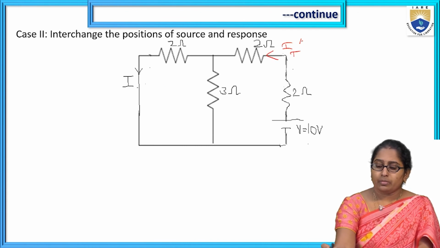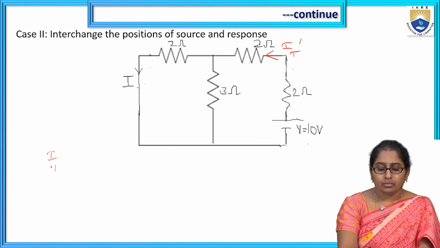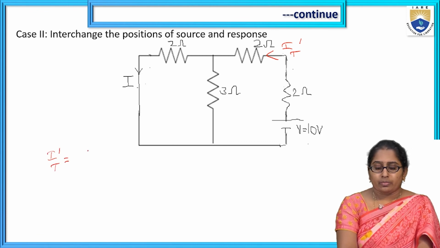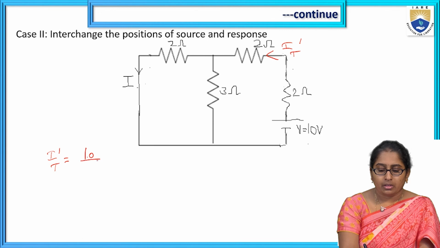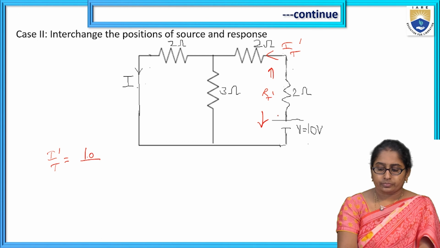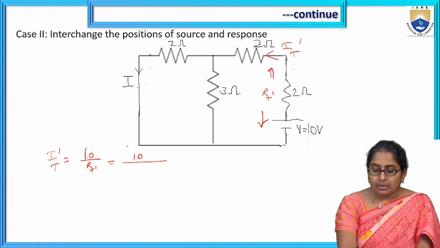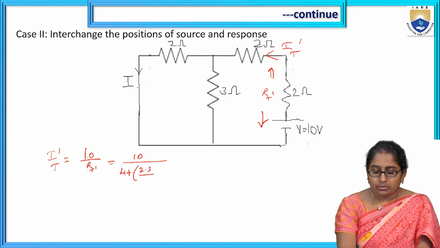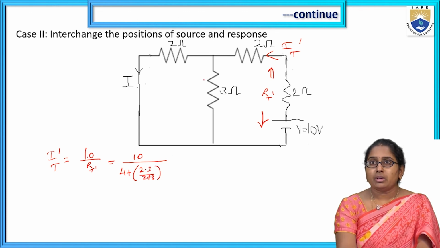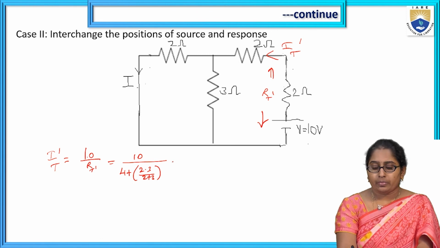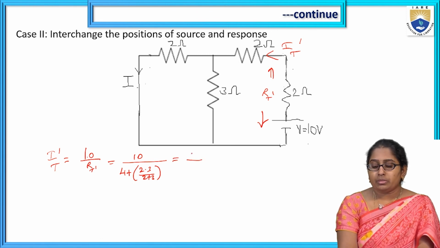The same method, like how we calculated previously. 10 by RT dash, consider RT dash here. So 4 plus 2 into 3 by 2 plus 3, the parallel combination of this 2 and 3 in series with the 4 ohm.